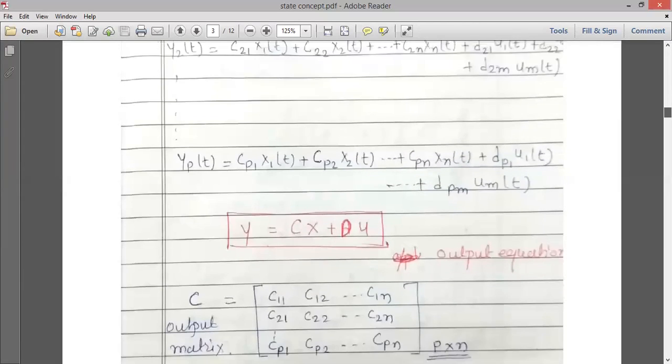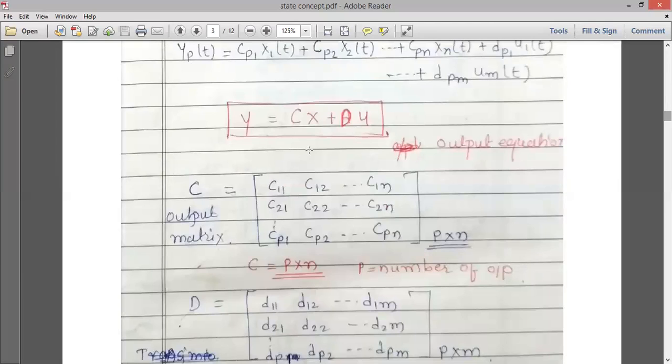When we compile this linear combination, we get the output equation: y equals Cx plus Du. C is c11 and so on, with the number of rows equal to the outputs and the number of columns equal to the state variables, so it is p by n, mostly a row matrix.